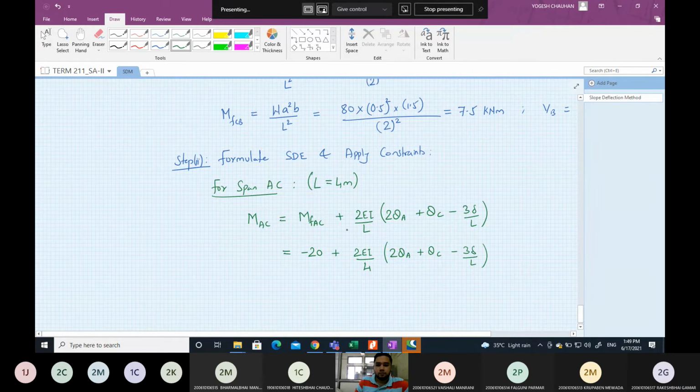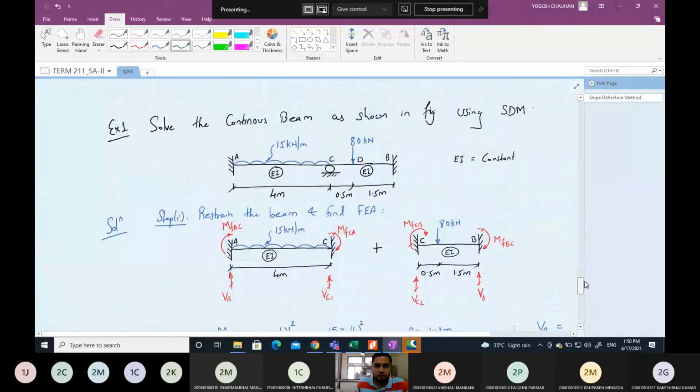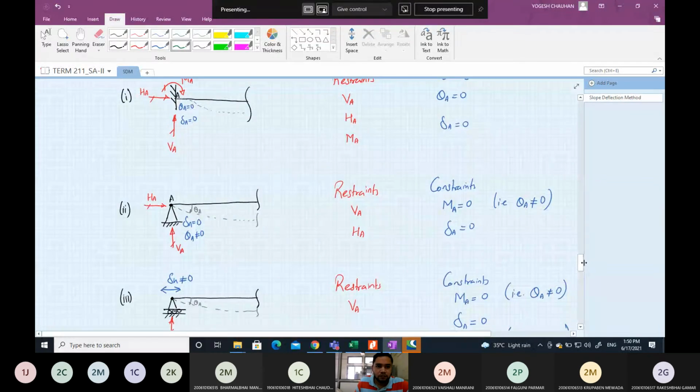Now your MAC equation will be minus 20 plus 0.5 EI into 2 theta A plus theta C. What is theta A here? The constraint offered by the fixed support is that the slope at that point is 0.